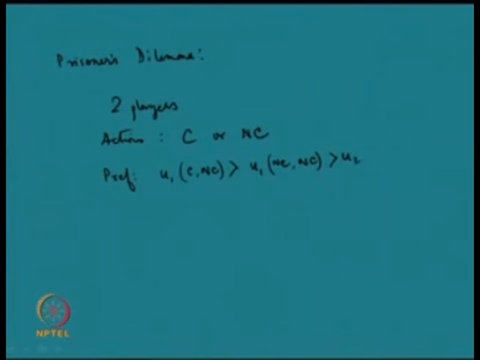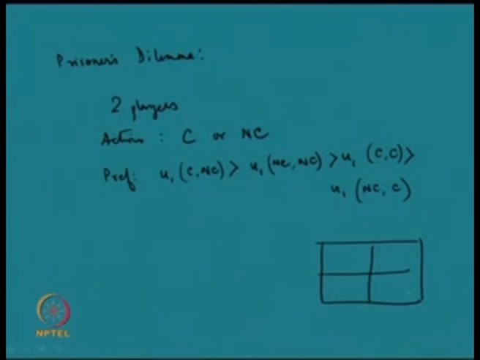This is better than both confess. And the last, the worst case, is he does not confess and the other player confesses. This is for player 1. Likewise, there will be for player 2 also. And if we attach numbers to these payoffs, we get the following payoff matrix. This is the payoff matrix. So, this is how the prisoner's dilemma game is defined.